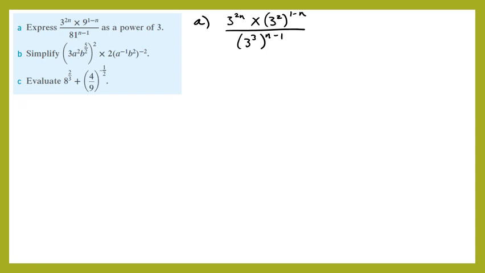Alright, once we've done that, we then need to multiply everything with brackets. Now don't forget, when you multiply with brackets, this is essentially one single term, so you need to make sure that you multiply the whole thing in brackets using the distributive law.